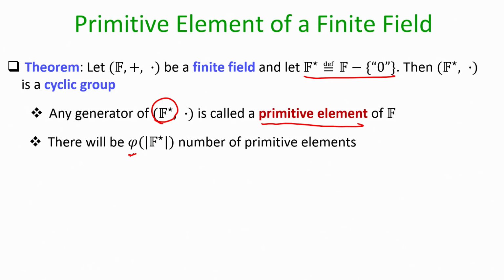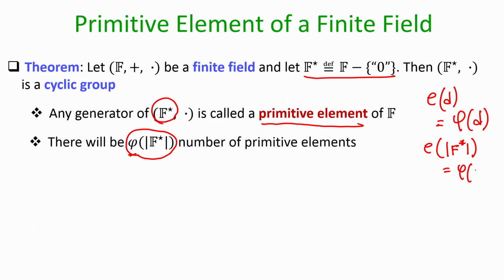You will have phi of the cardinality of f star such primitive elements, because as per our helping lemma there are phi of d elements with order d. So, we basically want to find out how many elements there are with order the same as the order of your f star.